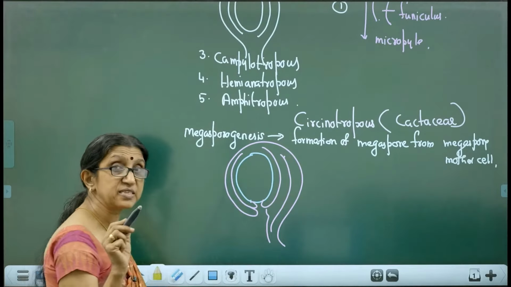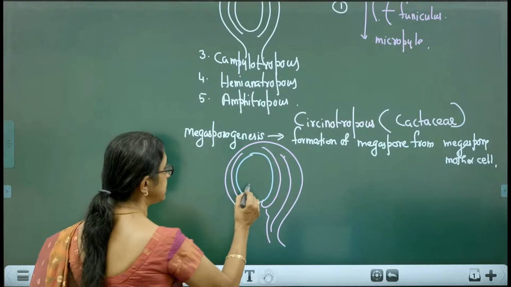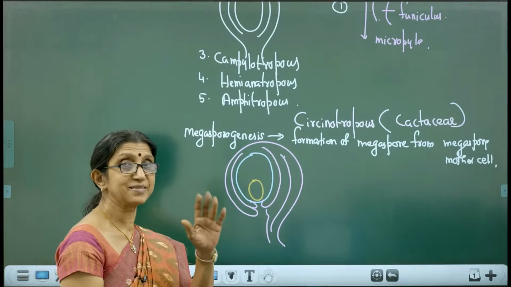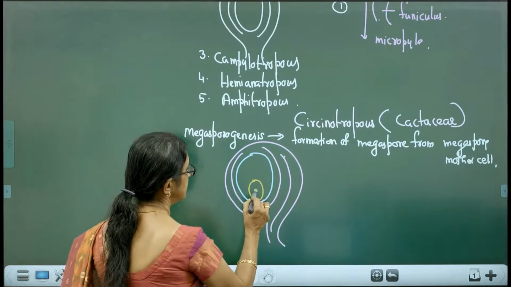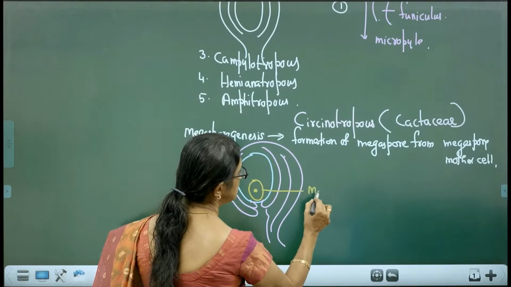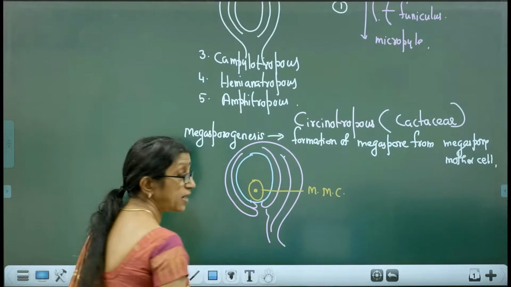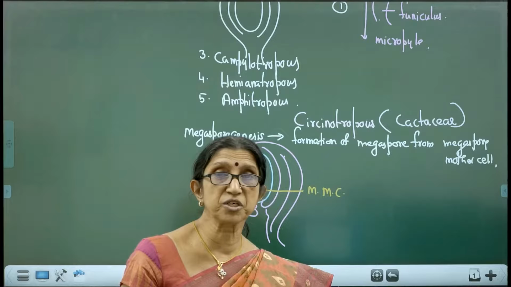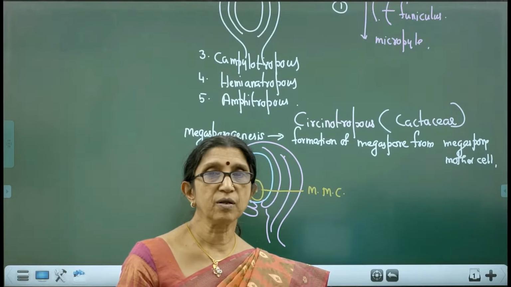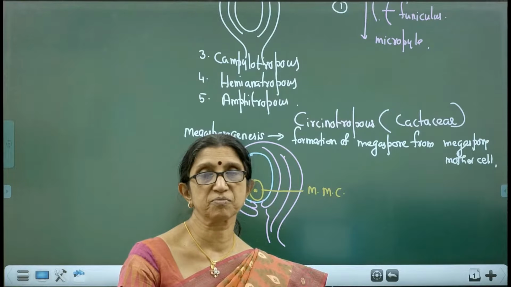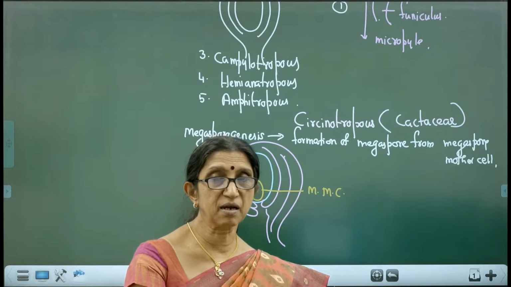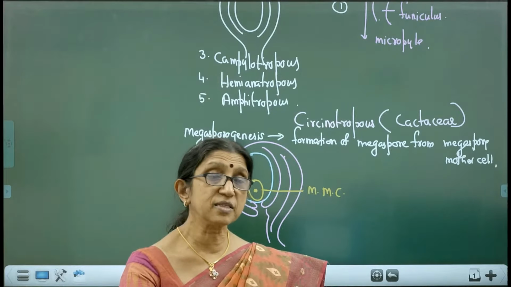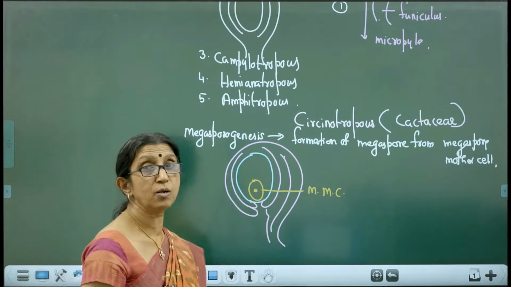Now, one of the cells of the nucellus situated towards the micropylar side of the ovule, we can label this as that cell. And this cell is known as the megaspore mother cell. It gets enlarged, possesses dense cytoplasm and a prominent nucleus, and this conspicuous cell is known as the megaspore mother cell.